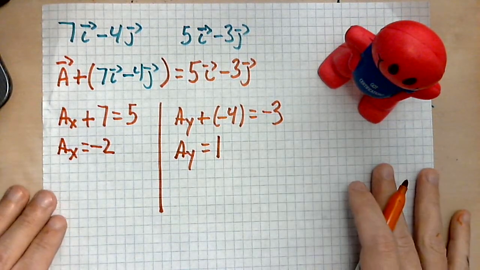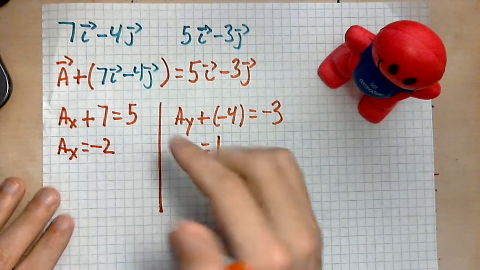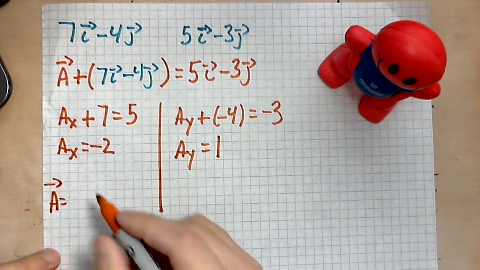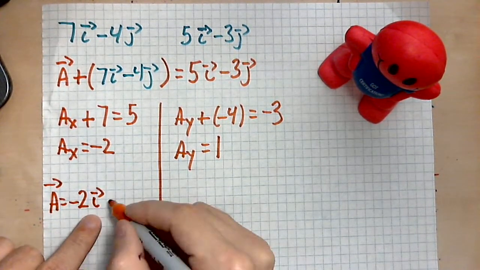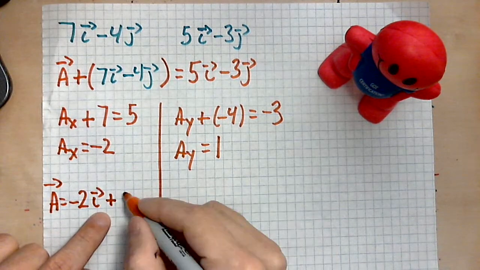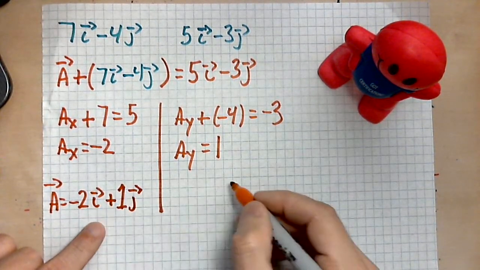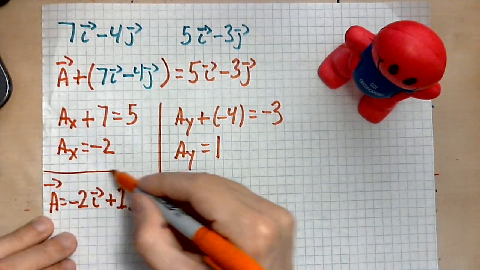So these are the components that are missing. Okay, this is the vector A. So now we can express the vector A as -2i plus 1j this way. Okay. This is our missing vector.